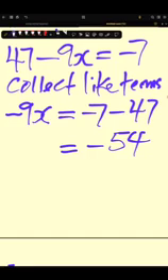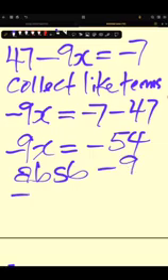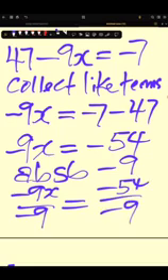Minus 9 is the coefficient, so we'll divide both sides by minus 9 in order to have x. So minus 9x over minus 9 is equal to minus 54 divided by minus 9.